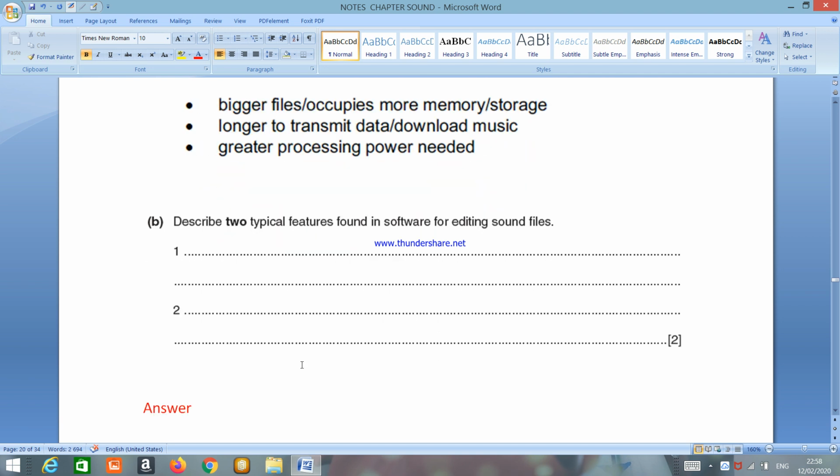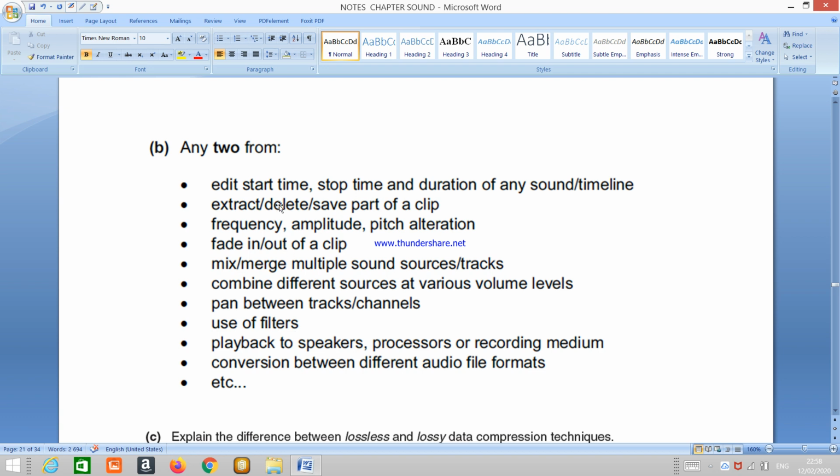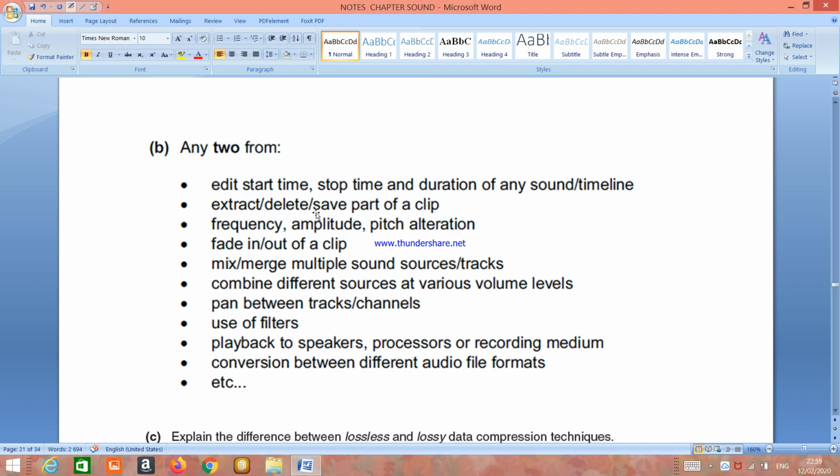Describe two typical features found in software for editing sound. You can edit the start time, end time, and the duration of the sound. You can extract, delete, and save part of the clips. You can change the frequency and amplitude, and the pitch can be altered. You can fade in and out of the clips.